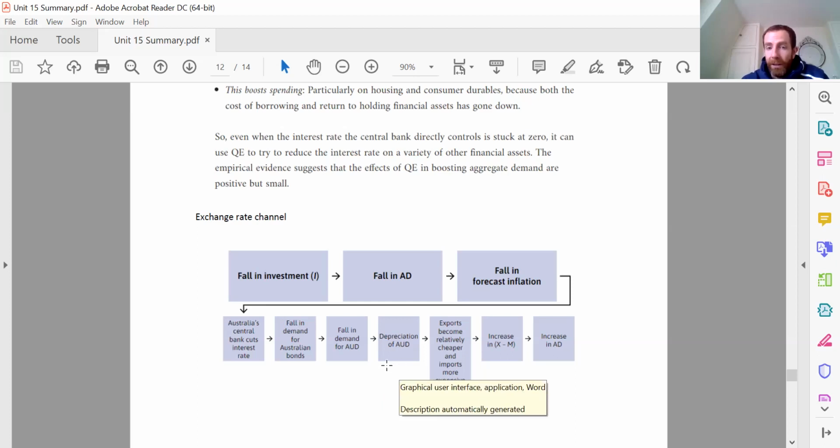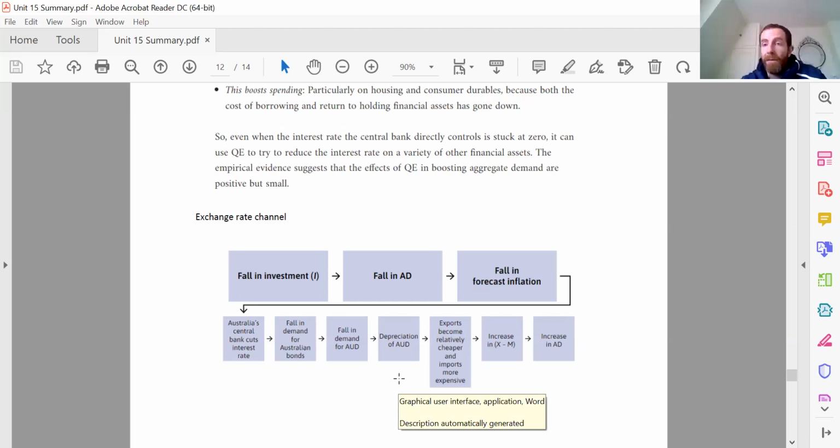Now, at the moment, this sounds kind of bad, right? But actually, this could end up helping the situation, because if the Australian currency is weaker, what's that going to mean for exports and imports? Well, exports have become cheaper relative to exports from other countries, because if you need to spend less of your currency to get hold of the Australian currency to then buy Australian goods, then those Australian goods have become cheaper.